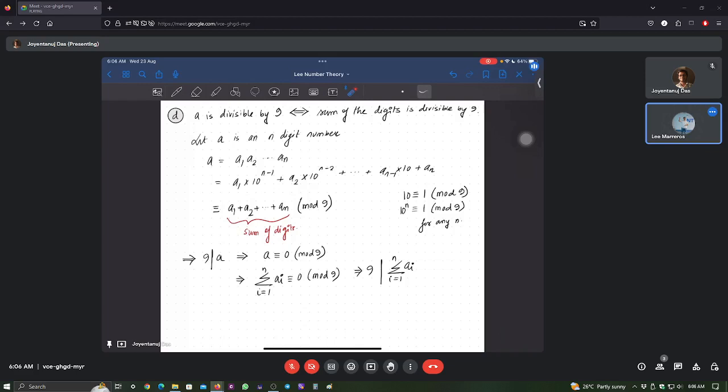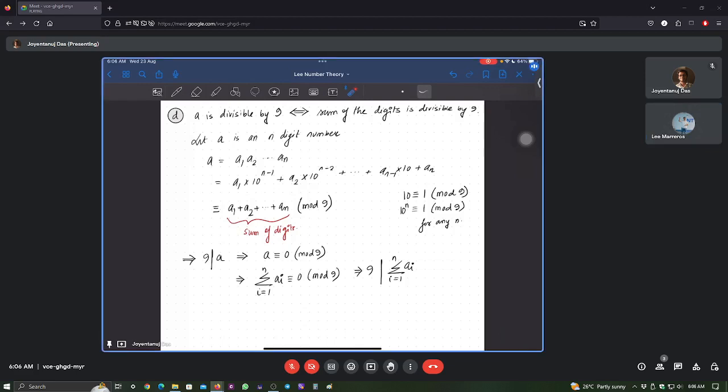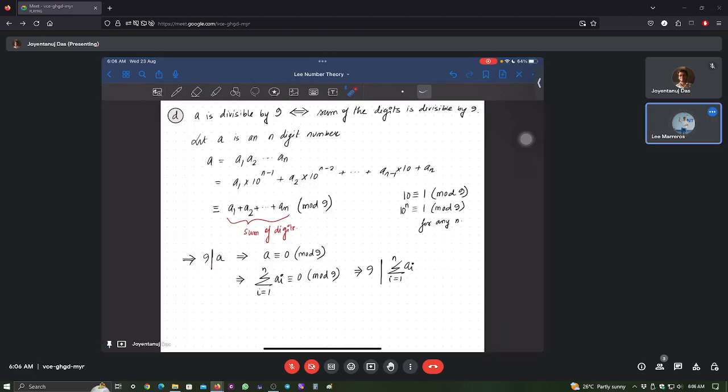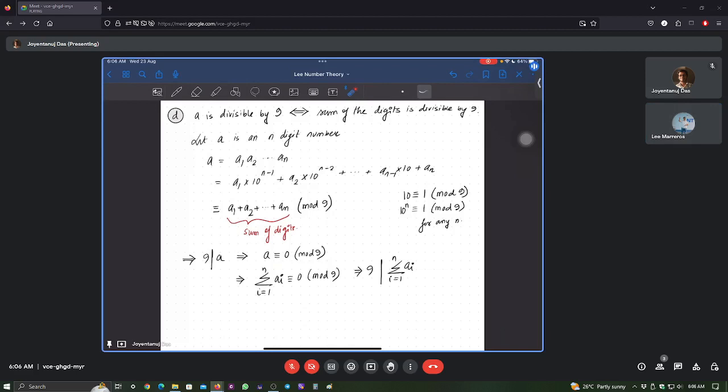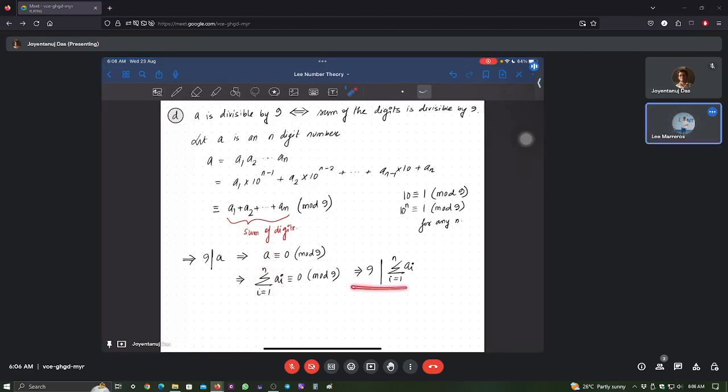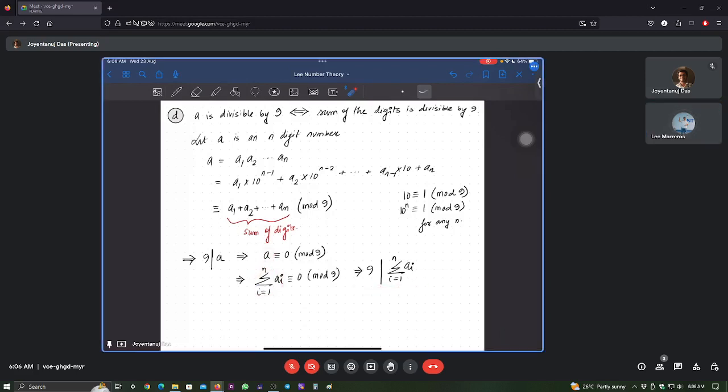Before that, what I showed is a is equivalent to the sum of the digits, in modulo 9. When you start with the assumption that 9 divides a, I have a is congruent to 0 mod 9, and then I can replace this by the summation. Right. Similarly, the other direction you can also do.